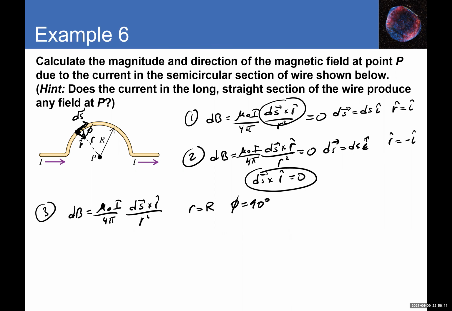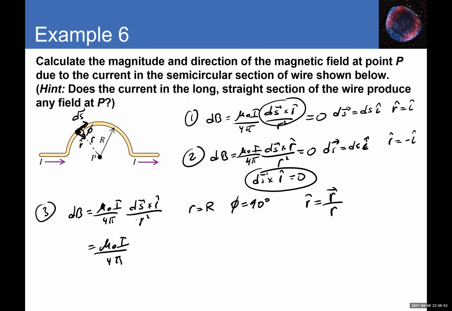Now, it's easier to write it like this: mu naught I over 4 pi, then I represent r hat in terms of vector r over the magnitude.